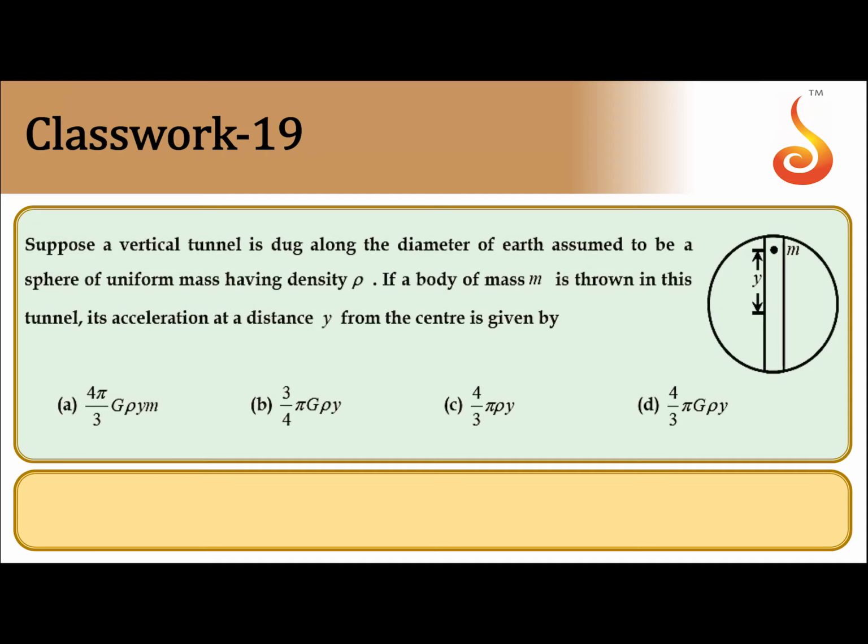Next one. Suppose a vertical tunnel is dug along the diameter of the earth assumed to be a sphere of uniform mass having density rho. If a body of mass m is thrown in this tunnel, its acceleration at a distance y from the center is given by. Somewhat similar to what we discussed just now.